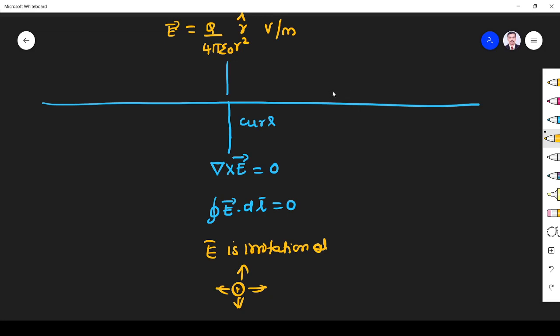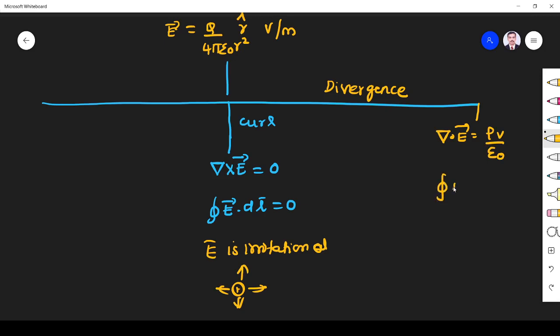The next path we have to take is the divergence of electric field. Divergence means del dot E is equal to rho V by epsilon. In free space it is epsilon naught.